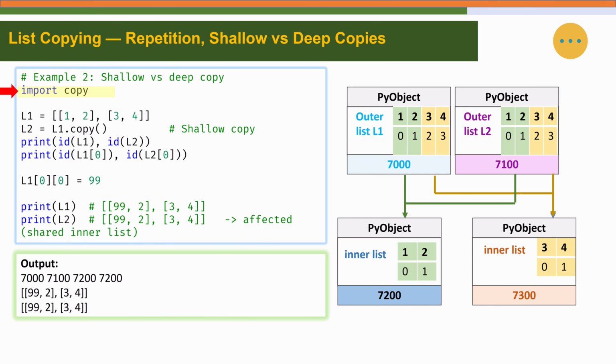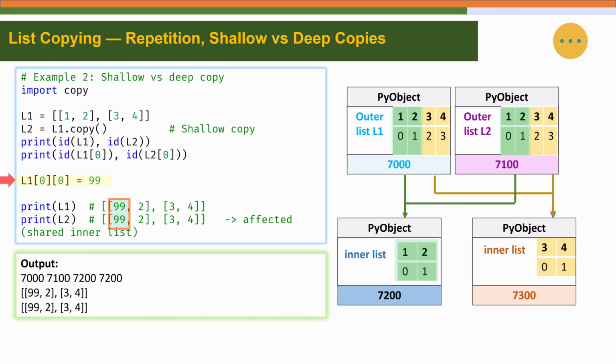Suppose we have a list L1 containing 2 inner lists, [1, 2] and [3, 4]. We make a shallow copy using L1.copy and a deep copy using copy.deepcopy. Now if we modify L1[0][0] = 99, the change affects both L1 and L2 because they share the same inner list. A shallow copy makes a new outer list but doesn't make new copies of the inner lists.